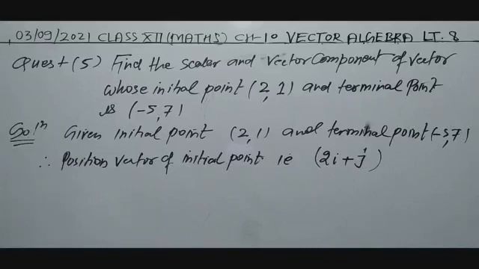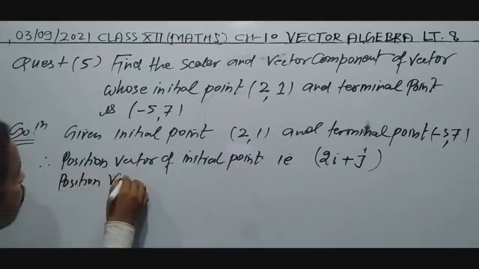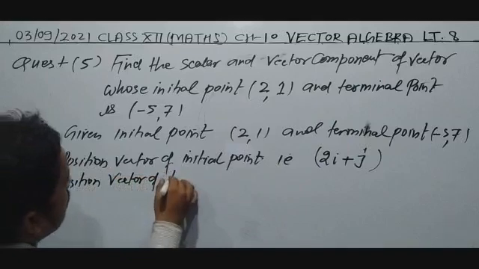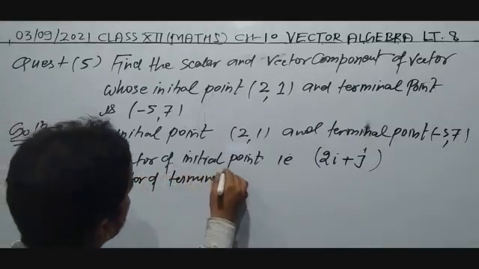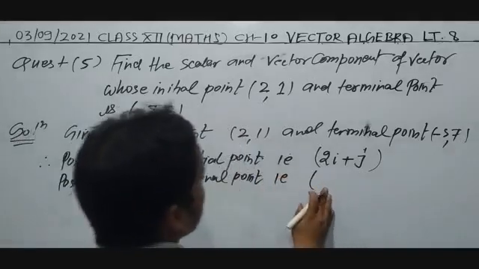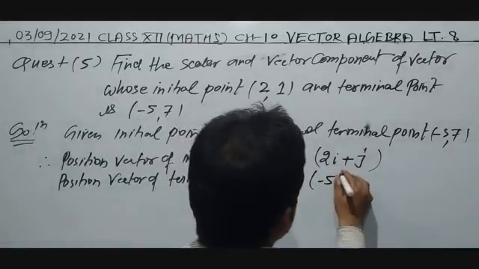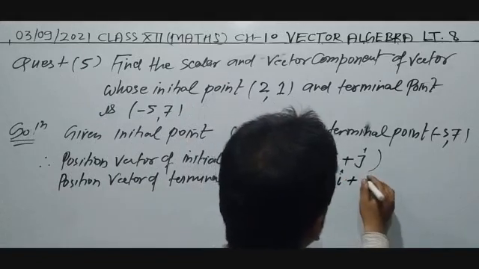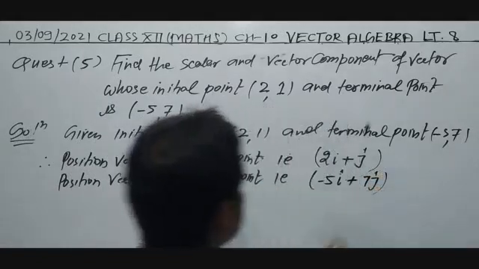Now I will come to the final or terminal point. So what is the position vector of the terminal point? That is -5i plus 7j.